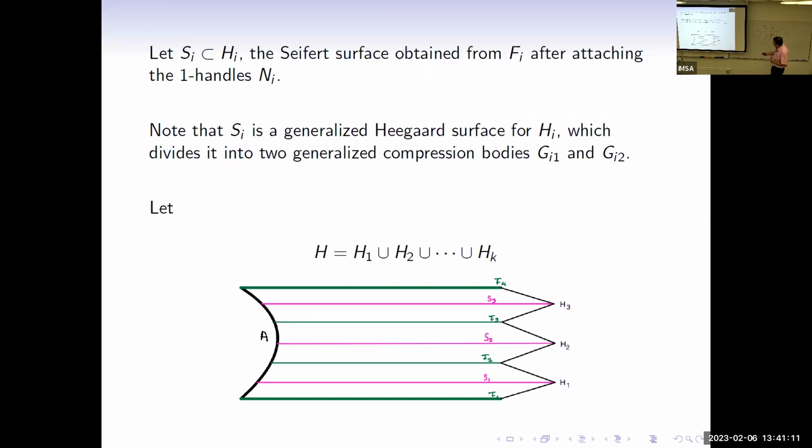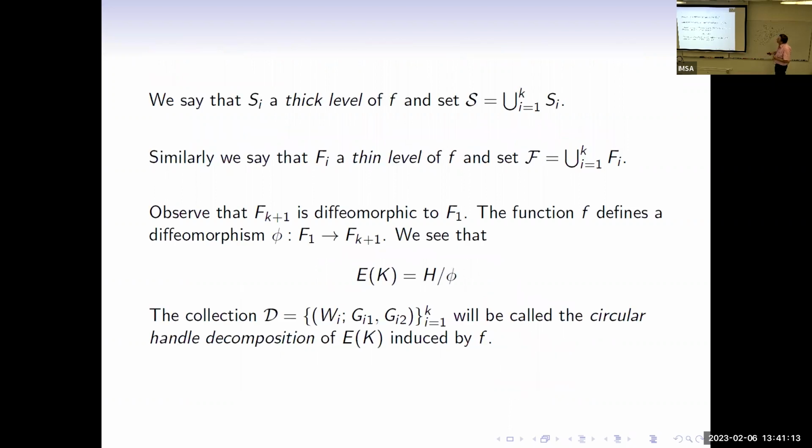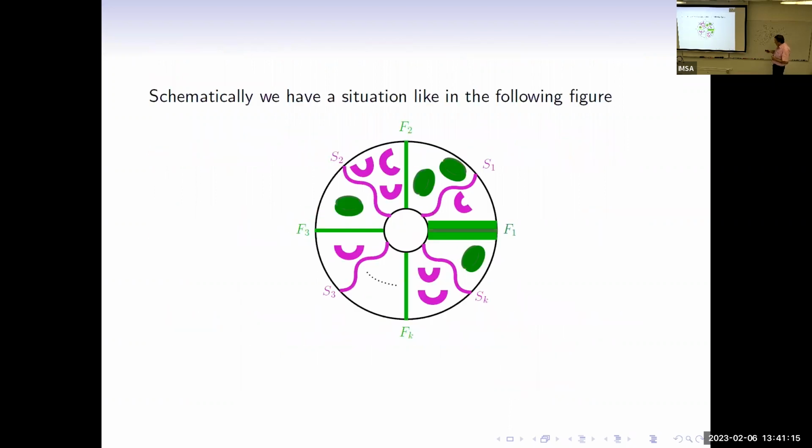But this is Hi. This is the decomposition. So schematically we have something like that. We have a thin surface plus 1-handles and the 2-handles with the second thin surface and the 1-handles with a thick surface and the 2-handles and then so on. We have something like that.